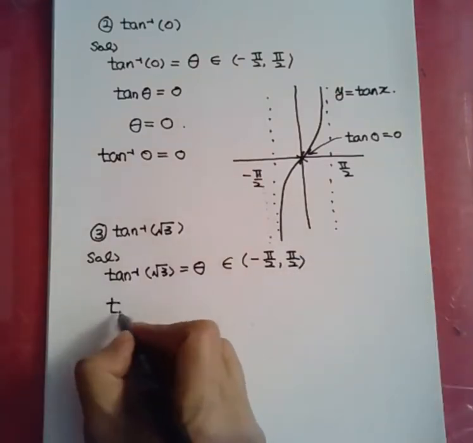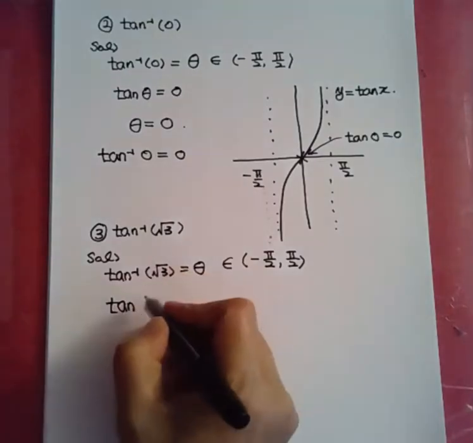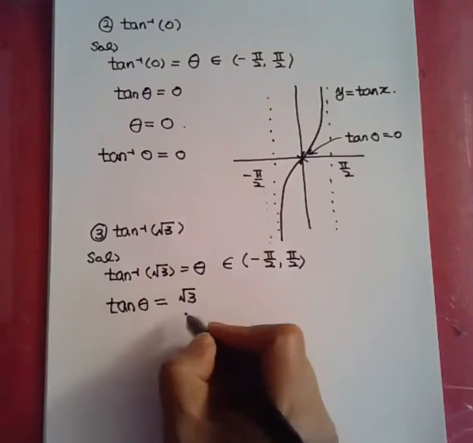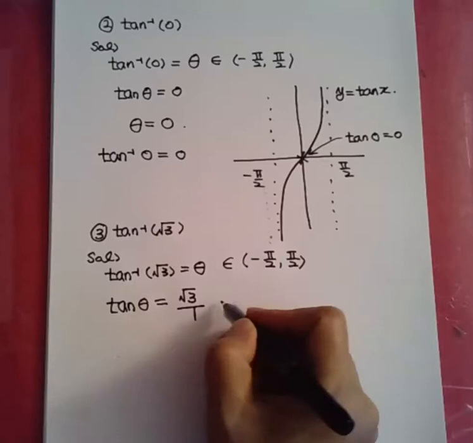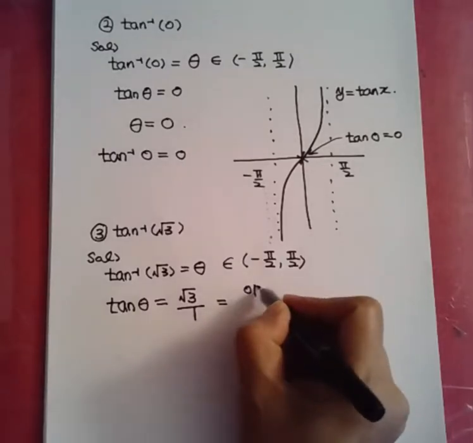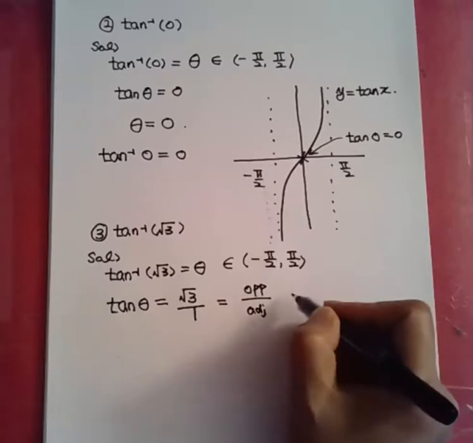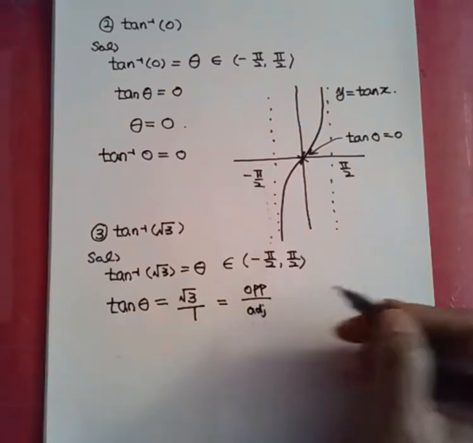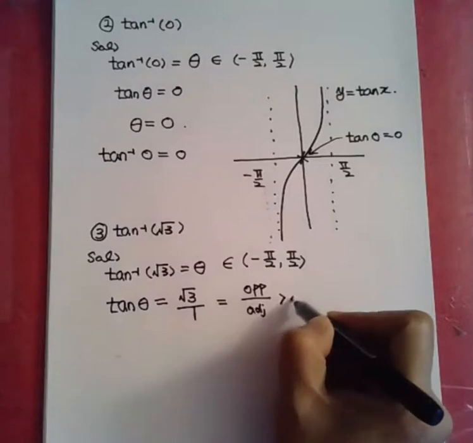So when we reinterpret that, tangent of theta equals square root of 3, which we can rewrite as square root of 3 over 1. That came from opposite over adjacent. And then we have to look at the value and determine whether that is positive or negative. That is a positive value.